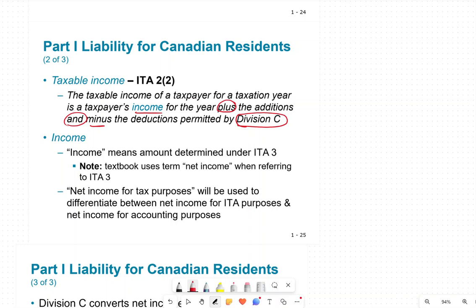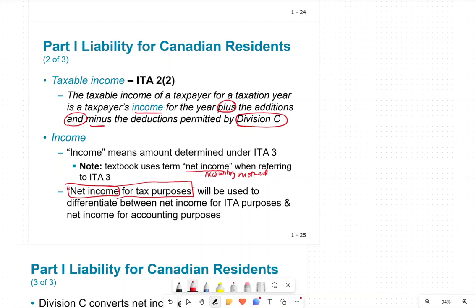When we think of income in the books, we call it net income. Net income for tax purposes is different from net income calculated using an accounting method, which is your accrual accounting. We convert that into tax purposes, and that becomes my taxable income.